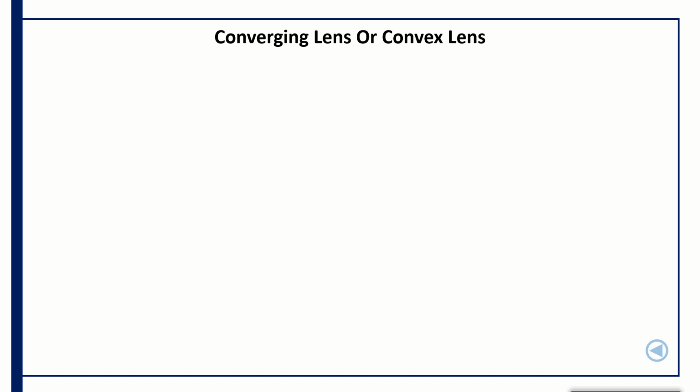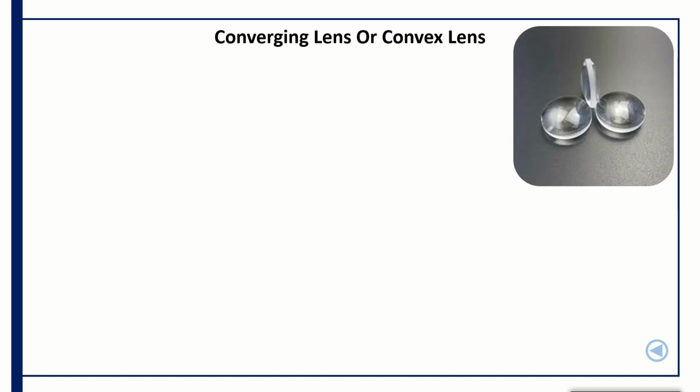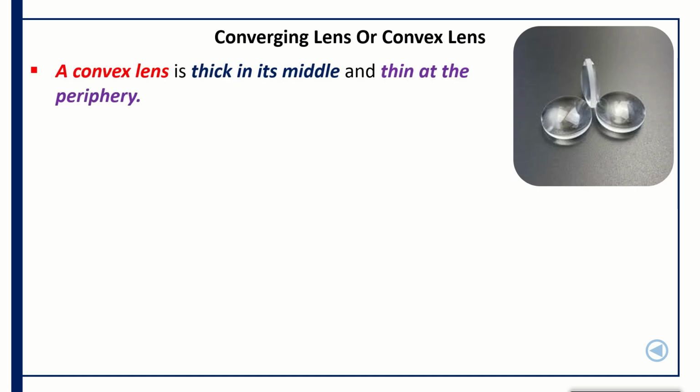In converging lens or convex lens, how do we understand that one is a convex lens? If a lens is thick in its middle part, can you see here? If I take a lens, its middle part is thick and the edges are thin. So a convex lens is thick in its middle part and thin at the periphery or edges.